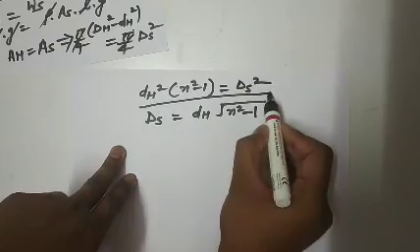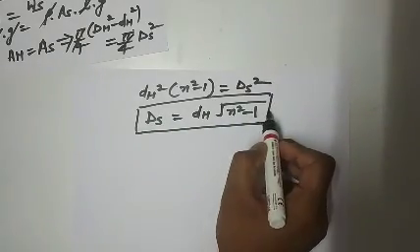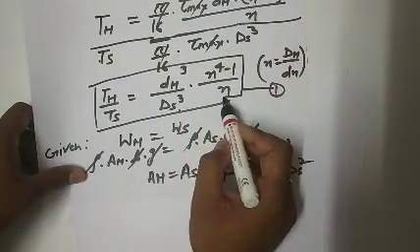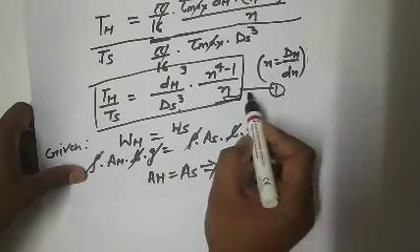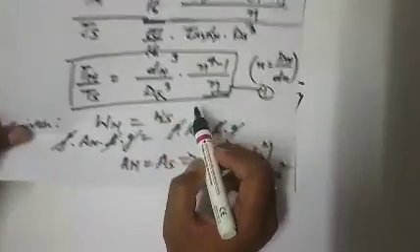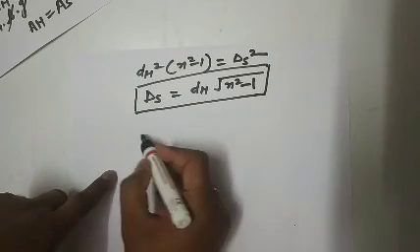Put this value of ds into equation 1, right? Put this value of ds into torsional strength equation. Right? Here in 1 we will put the value of ds here. Then what will happen? What will be the result?